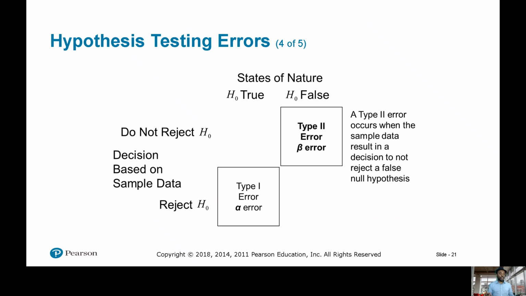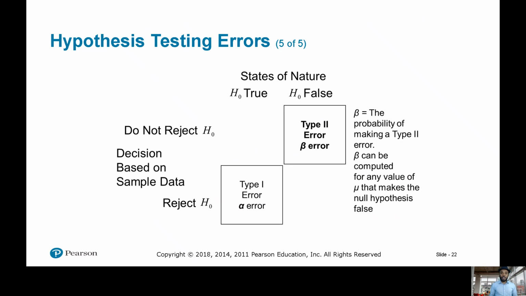So not realizing you have found something out of the ordinary when in fact you have. And this is something that researchers or politicians hate, making these types of error.